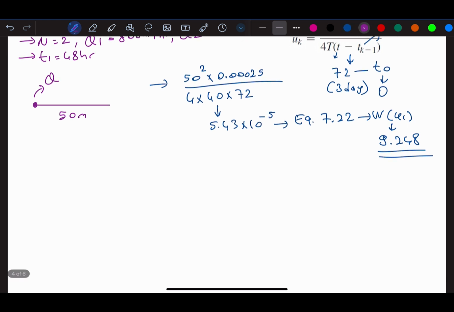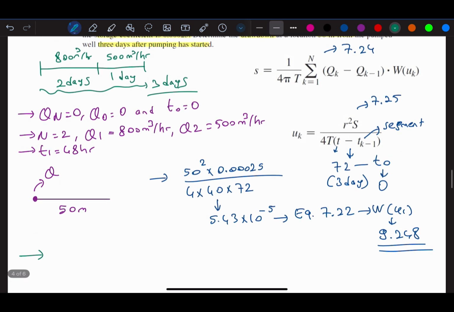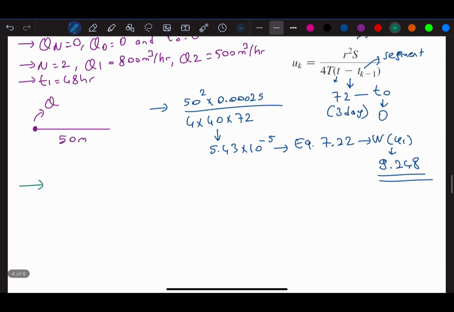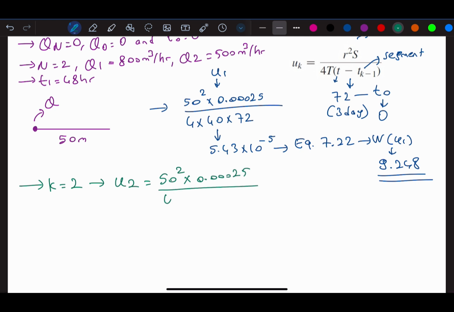Now in the second segment, we have 500 cubic meter per hour flow rate. So let me write k equals 2. U2 is, this was U1, U2 is equal to 50 squared times 0.00025, over 4 times 40 times the time.